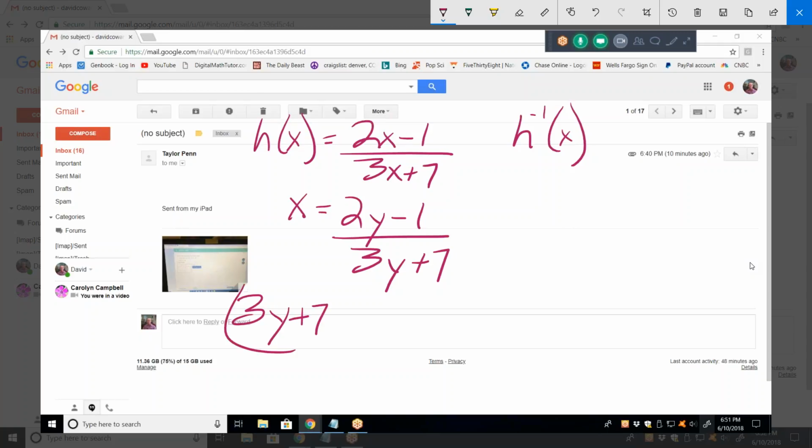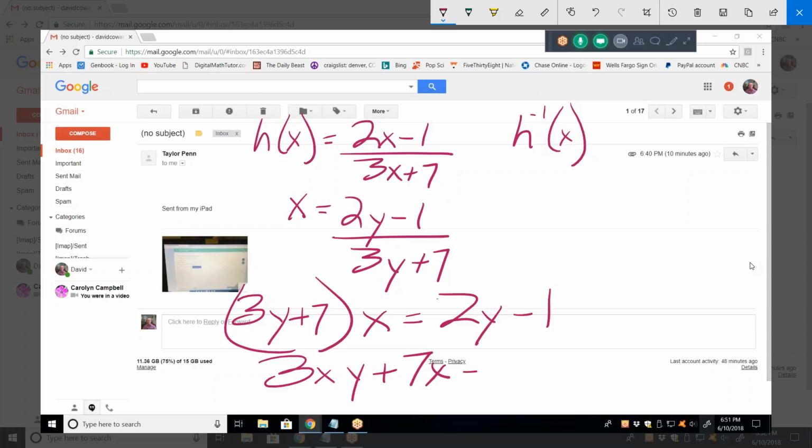So it would be 3xy plus 7x equals 2y minus 1. So then I want to move the plus 1 to the left side. What's the key step here, the next step? Actually, I'm going to have to get rid of the y's.